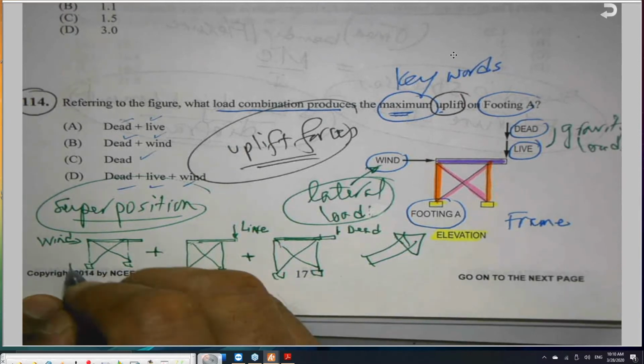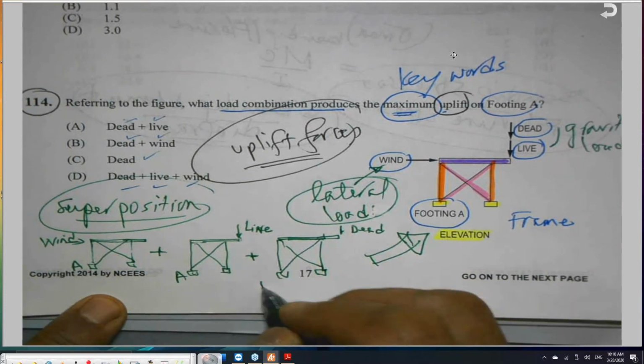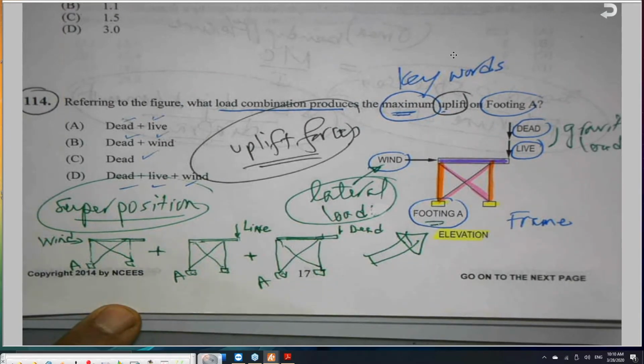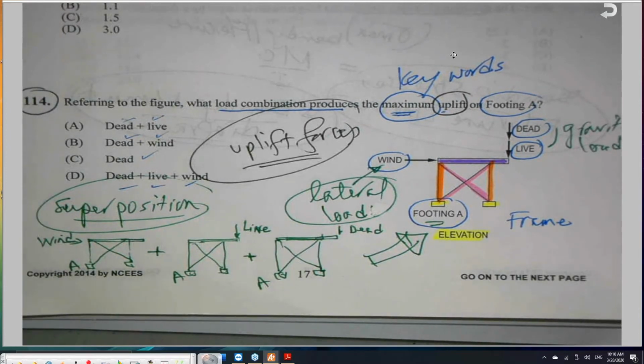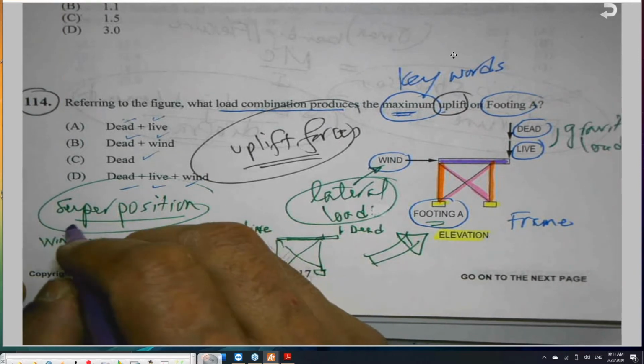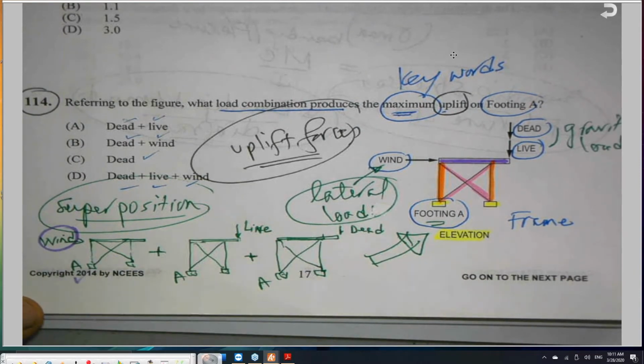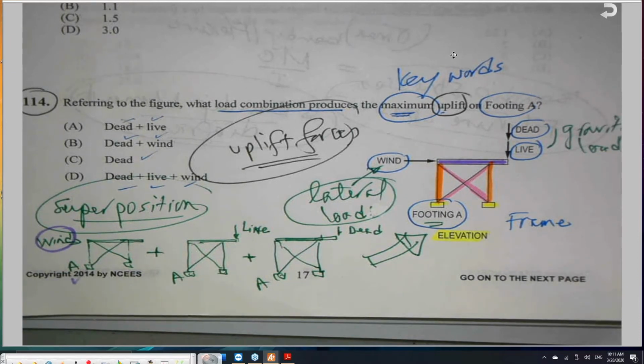And this is the footing A, and this is the footing A, and this is the footing A, the one he's referring to. So the lateral load by itself, for sure, will produce uplift here. We agreed that any lateral load will create uplift.